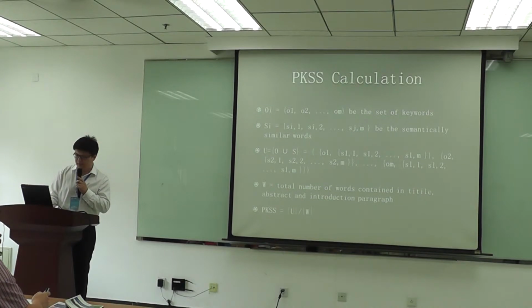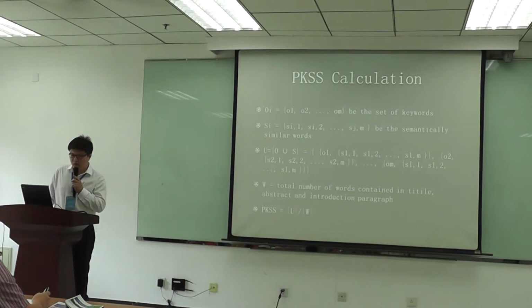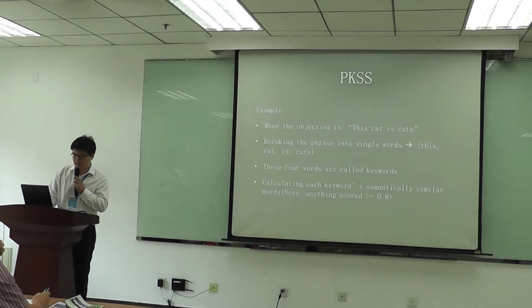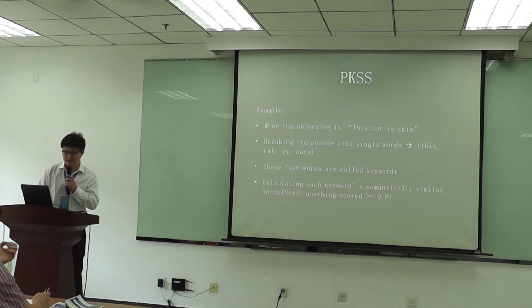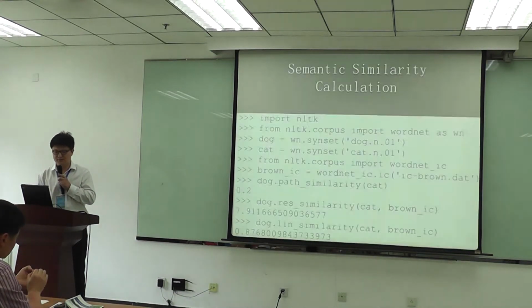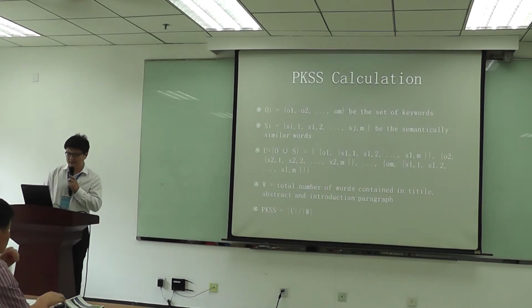We denote the set of keywords by big O: O1, O2, O3, and O4 in the previous case, this cat is cute. So O1 is this, O2 is cat, O3 is is, and O4 is cute. We use the upper letter S to denote the semantically similar word set, and the upper letter U to denote the union of these two sets.